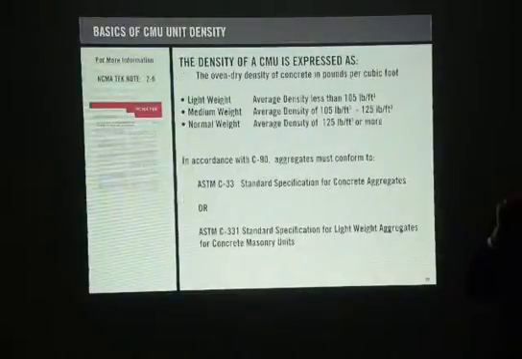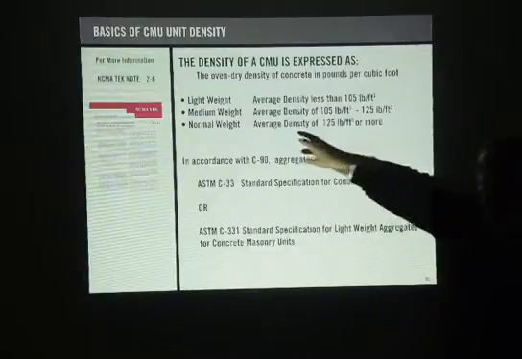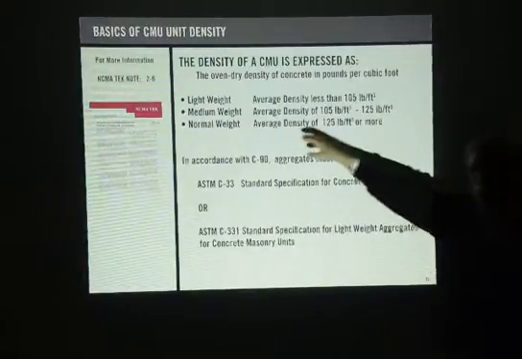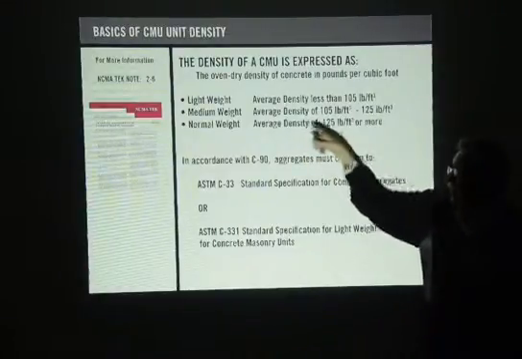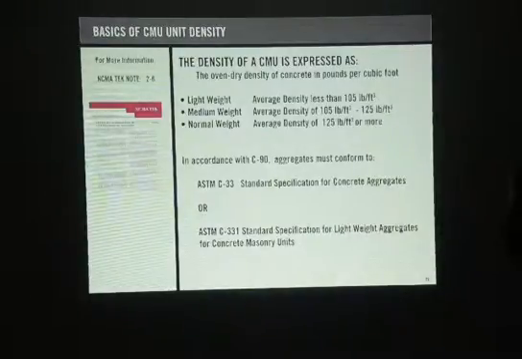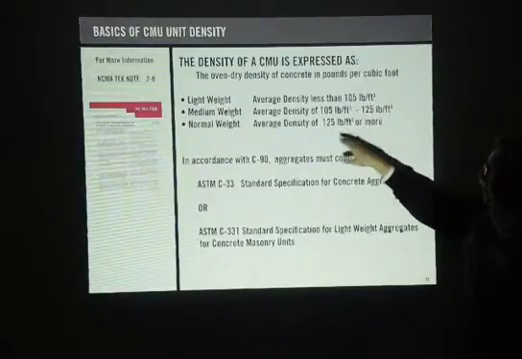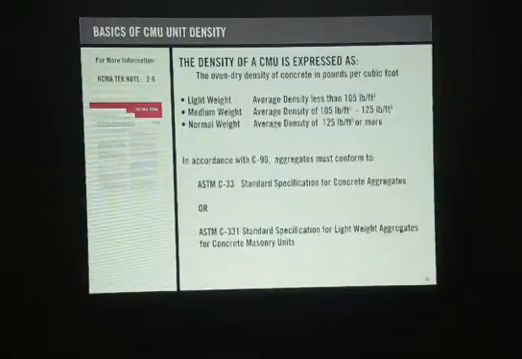The weight of the block comes in because of the availability of raw materials. In most of the country, they deal with normal weight. We go to San Diego, we're going to see more normal weight. In Los Angeles, Orange County, the Inland Empire, we see more medium weight because it encompasses the features and the benefits of both lightweight and normal weight, and it's priced in between the 2.